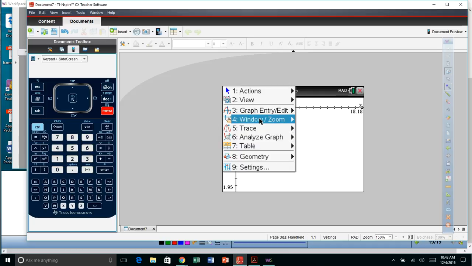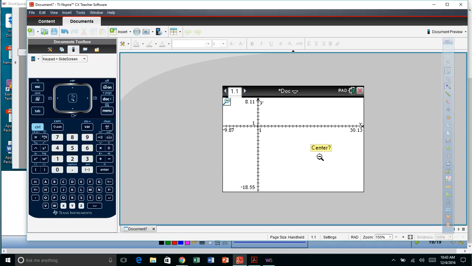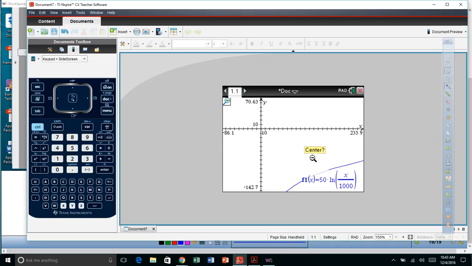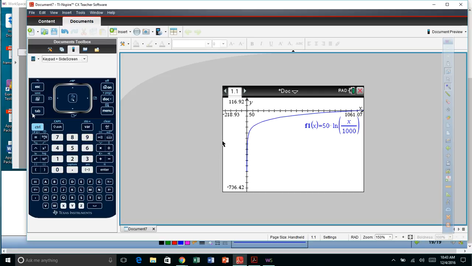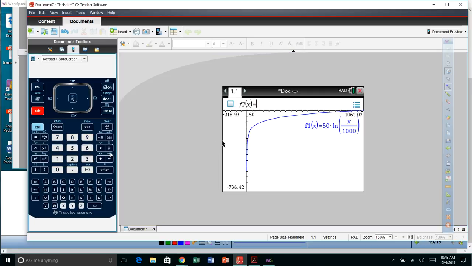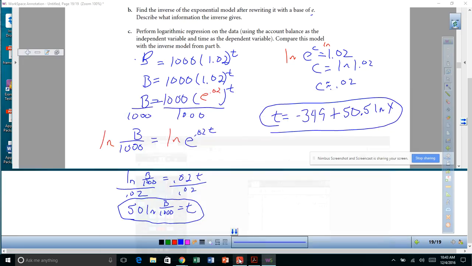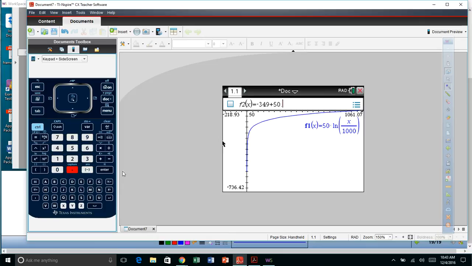Menu, 4. There it is. Now let's press tab and let's put in what the calculator gave us: negative 349 plus 50.5 natural log of x.